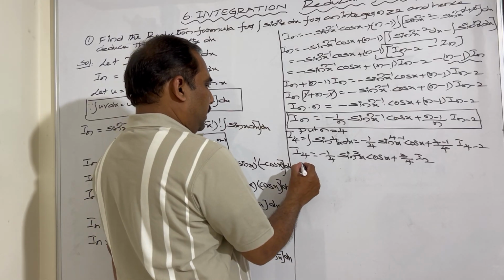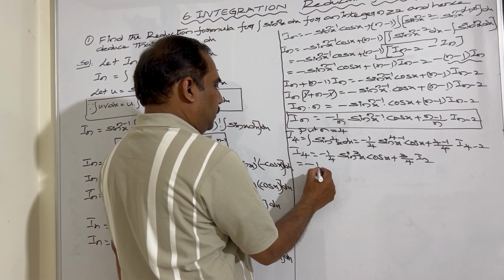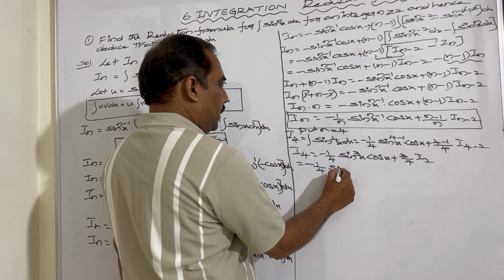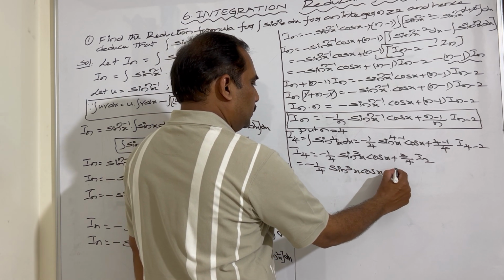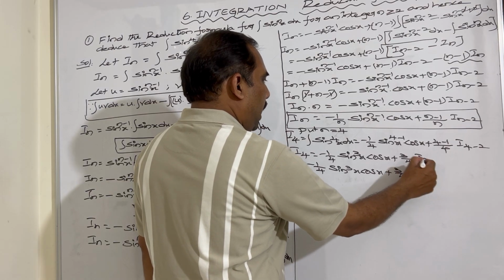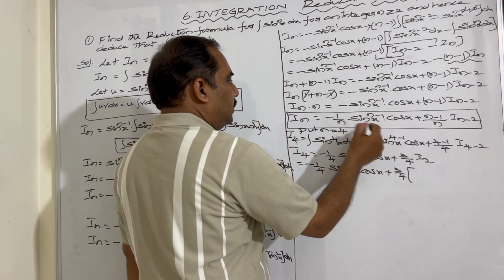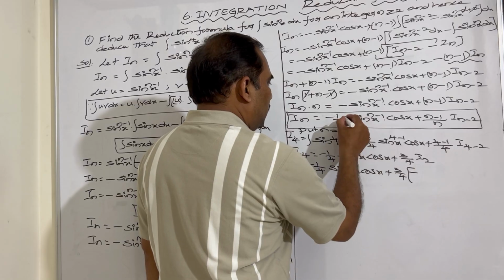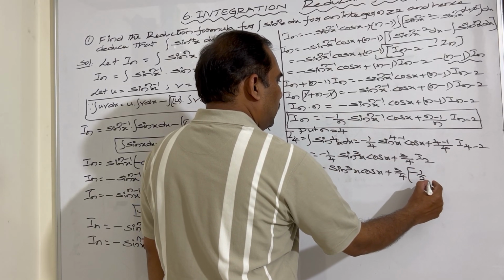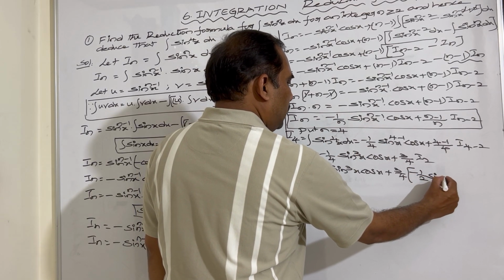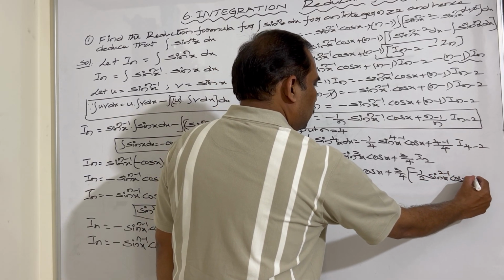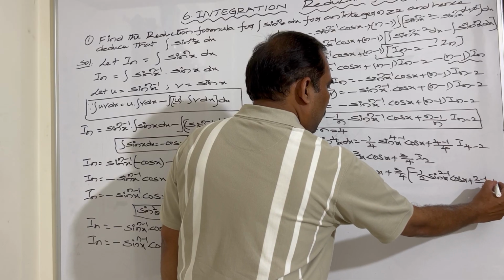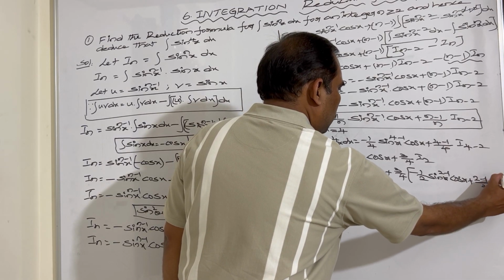So now further again, which is equal to minus 1 by 4 into sin cube x into cos x, again plus 3 by 4 into I2. Also again now take n is equal to 2, substitute in the same formula, minus 1 by 2 into sin x power 2 minus 1 into cos x, plus 2 minus 1 by 2 into I_(2-2) we get.